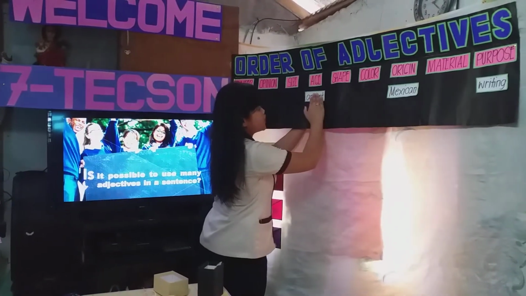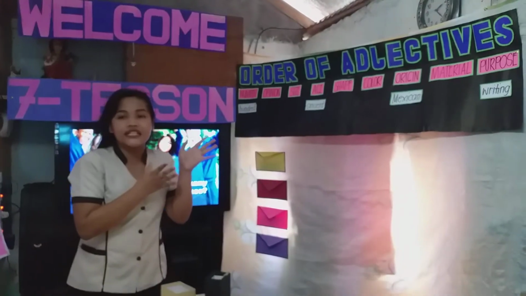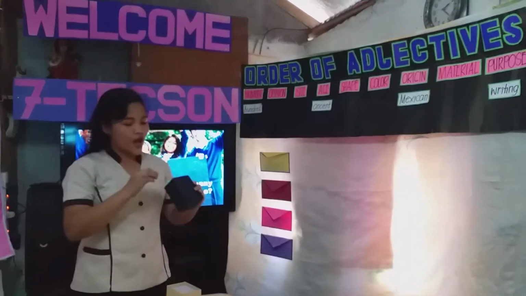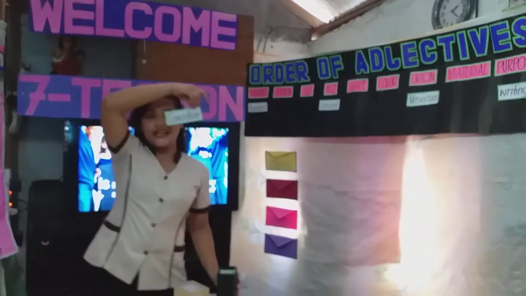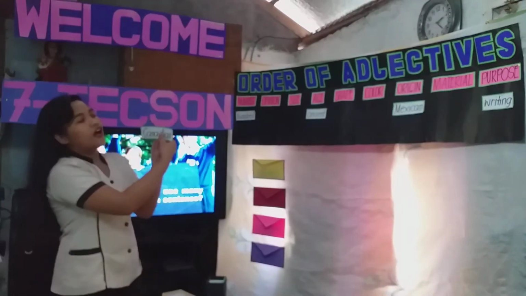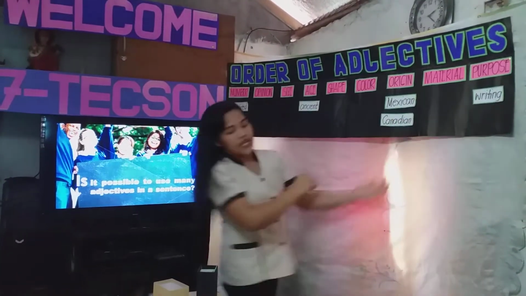Very good. So when you say ancient, those are happenings from the past, way back ago. So next, we have Canadian. Canadian is what type of adjective? Very good. It is here in origin.